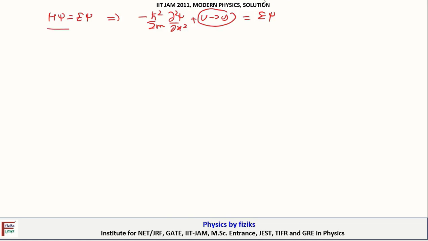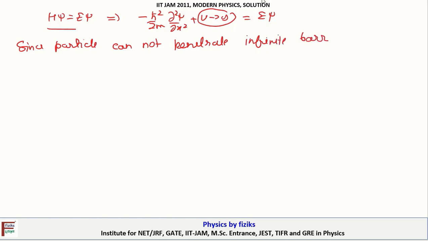Since the particle cannot penetrate the infinite barrier, that means psi in the region x less than 0 is equal to 0.